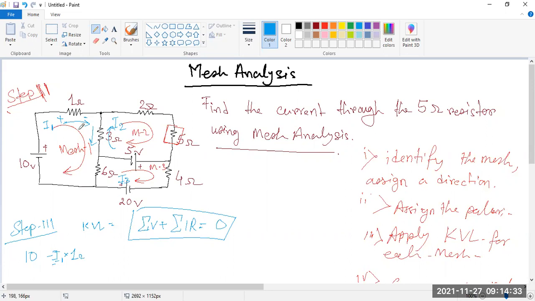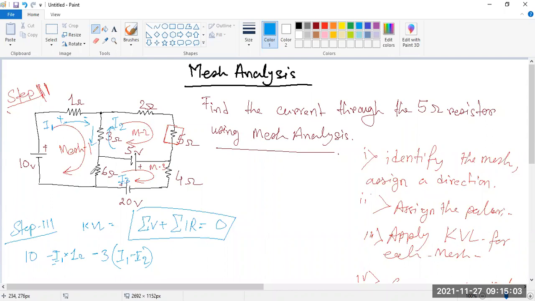Net current will be I1 minus I2, and the traversing is in this direction, positive to negative, so we have to apply a minus sign, then it is 3 ohm, that's why 3, and I1 minus I2, because this is mesh 2, that's why I2.